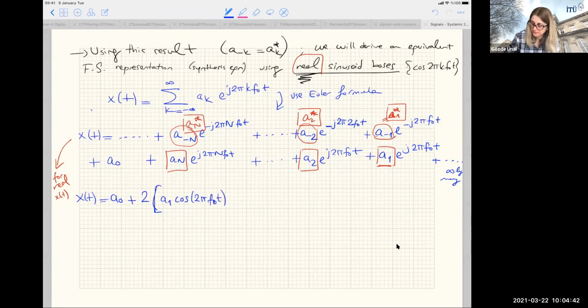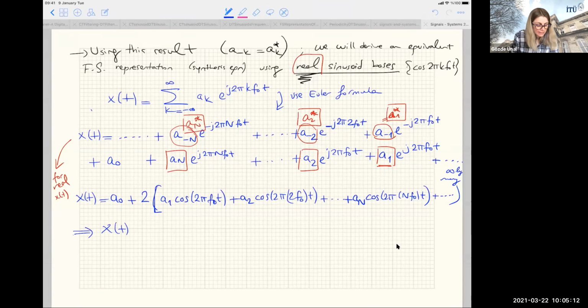Let's start with a1, a2 cosine 2 pi 2 f0 t. This is important here. Then go all the way to a sub capital N cosine 2 pi, the capital Nth harmonic, N f0 t, and plus other terms, of course, infinitely many, but we get the point, I think.